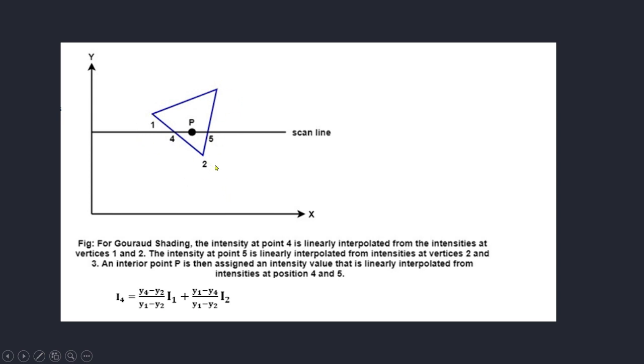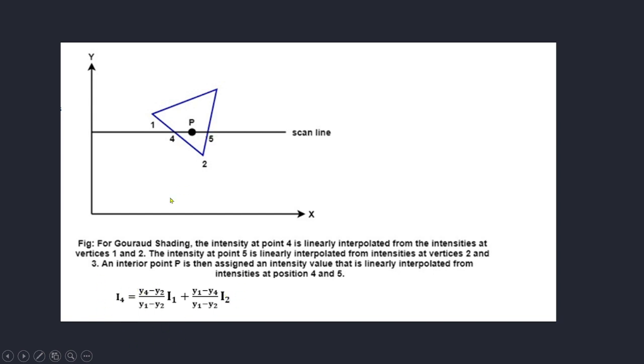The scan line will move upwards in this case, and we know the intensity values at 1 and 2, and we will interpolate the intensity values at 1 and 2 to find the intensity at 4, and we'll use vertex 2 and vertex 3 to find the intensity value at 5 using this formula.